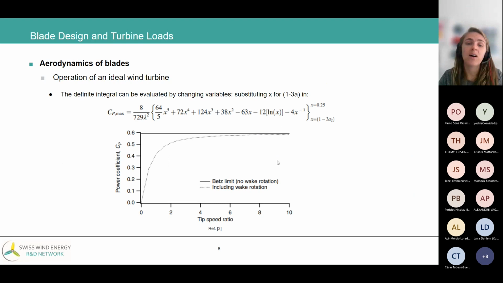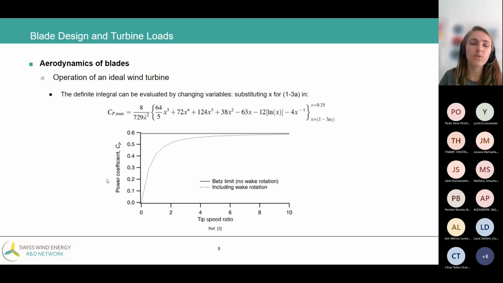All of this is to make an estimation of what would be the power coefficient and how would be the operation of an ideal wind turbine. This is important to remember, because imagine that you are just starting a project and thinking, okay, I will have a wind speed that will be around 8 meters per second, and I can go up to, I don't know, 200 meters of diameter.